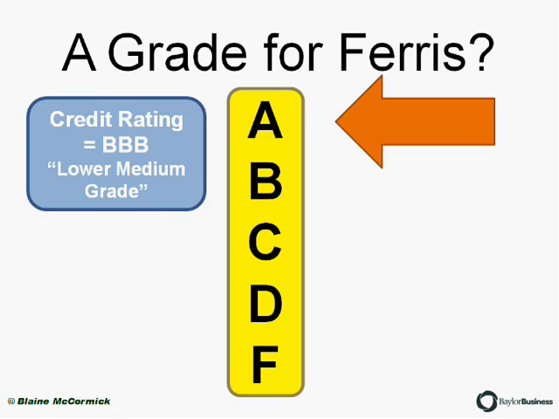How should we grade your current team? How could we assign it? Well, you can look at your credit rating. If you look at your credit rating on page 2 of your fast track, you'll see that your credit rating is BBB, triple B, which is traditionally defined by S&P as lower medium grade.